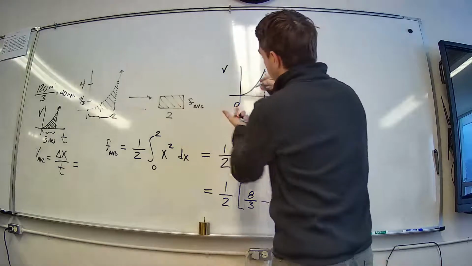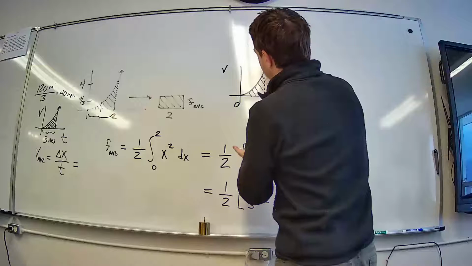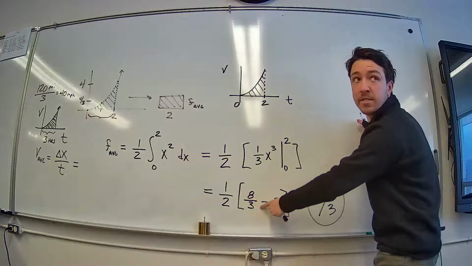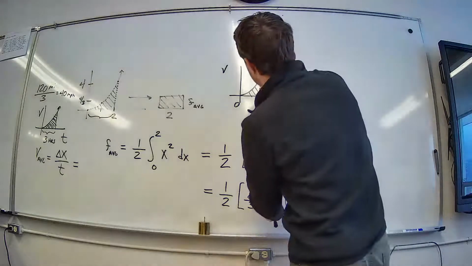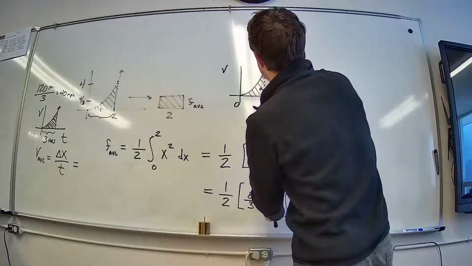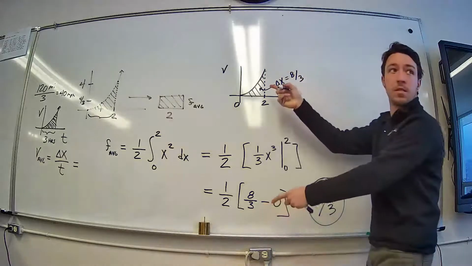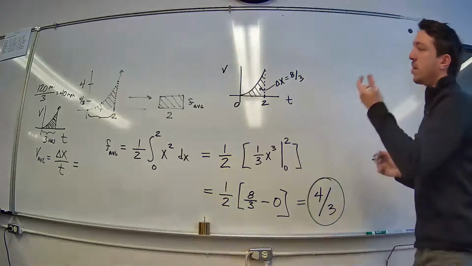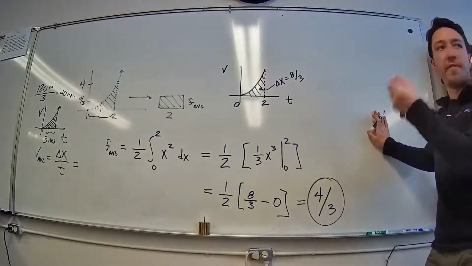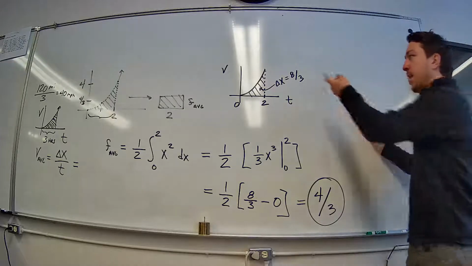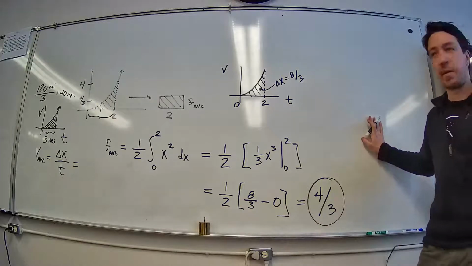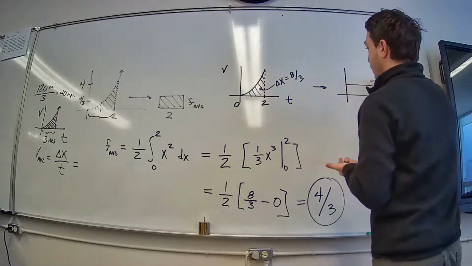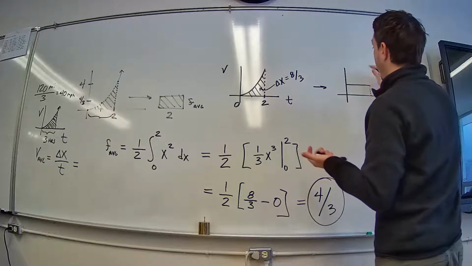This area here represents the displacement. So the integral that we took is 8/3. Does that make sense? Still with me? Okay, so now what we're saying is, is there a velocity that we could have just traveled at the entire time and gotten that same displacement without ever changing speed? So we're looking for this special value called the average.